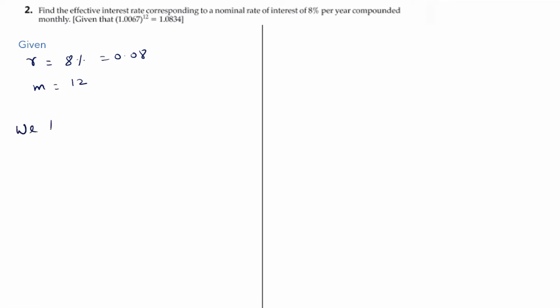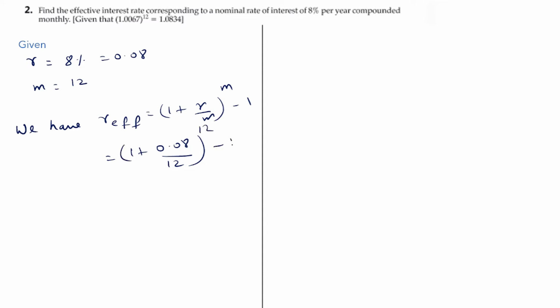So we have R effective is equal to (1 plus R by M) the whole raised to M, minus 1. So it is (1 plus 0.08 by 12) the whole raised to 12, minus 1. It is (1 plus 0.0067) the whole raised to 12, minus 1.